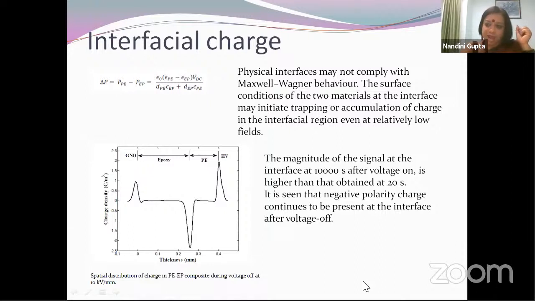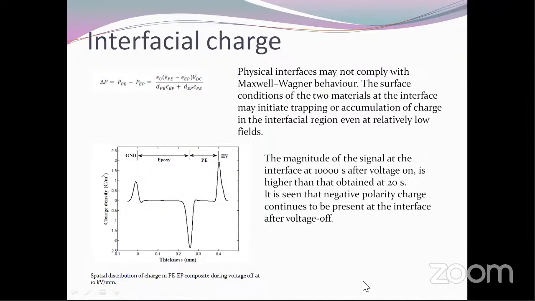Due to interaction with the mobile charges, the lattice doesn't move, but the vacancy moves from one lattice site to another. It might so happen that one such vacancy traps an ion which is present. An ionic carrier in its vicinity can be trapped, and you can have ionic trapping.